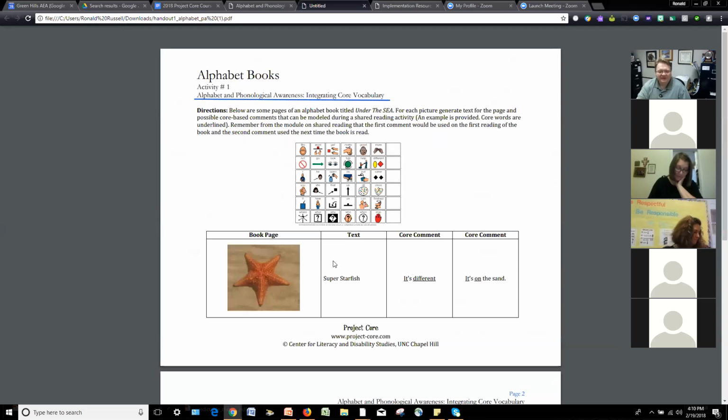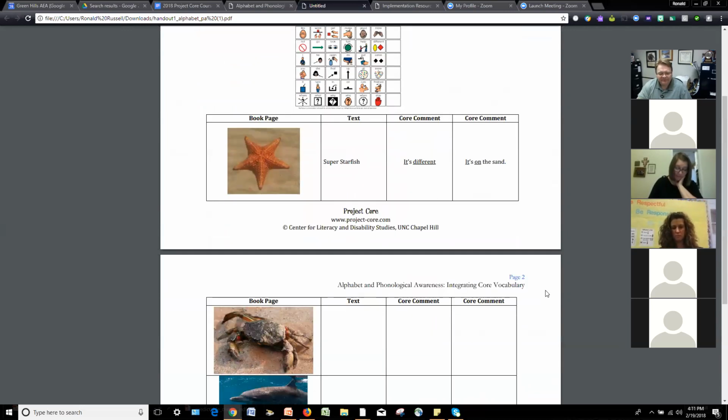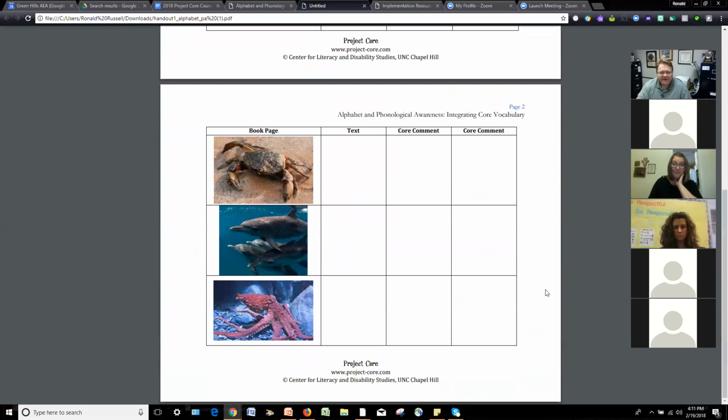So again, the idea would be if a teacher was using an alphabet book, some examples of comments that could be used to get kids involved in responding with their core vocabulary. I'll leave this up here, and take an opportunity either on your own handout or on a piece of paper.